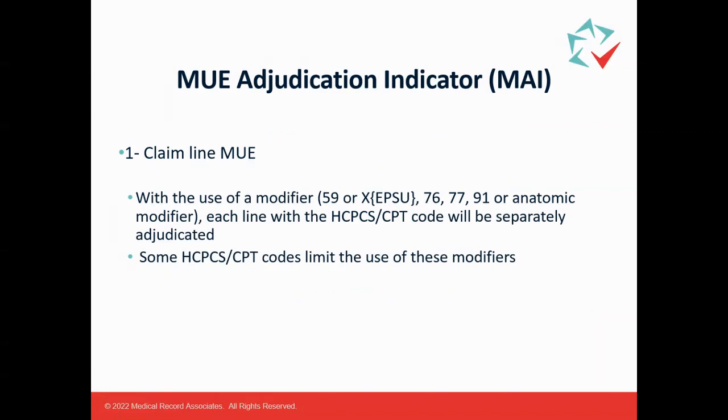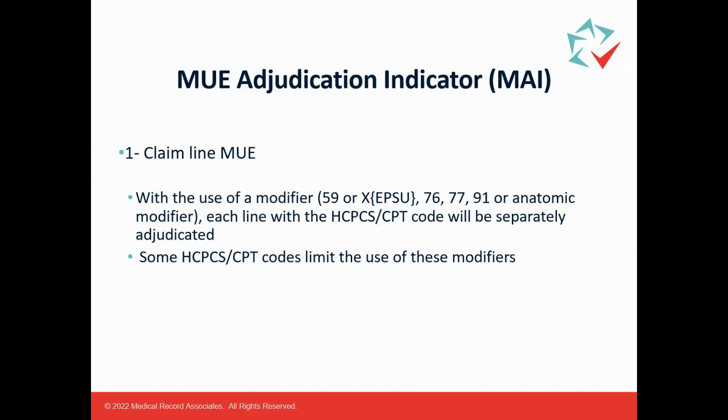An MUE adjudication indicator, an MAI, of 1 is a claim line MUE. With the use of a modifier such as modifier 59 or the X modifiers, XE, XP, XS, and XU, a 76 modifier, 77 modifier, 91, or anatomical modifiers, each line with the HCPCS CPT code is then separately adjudicated.